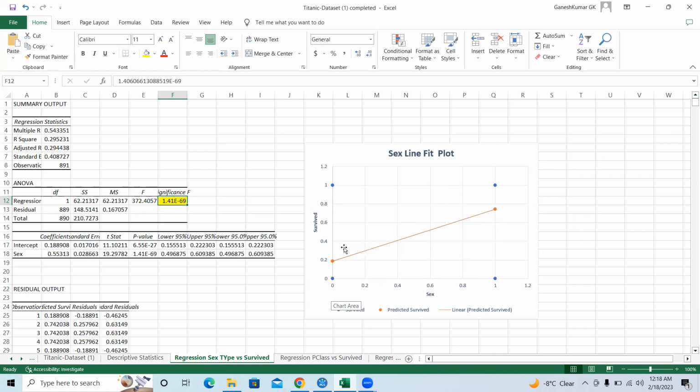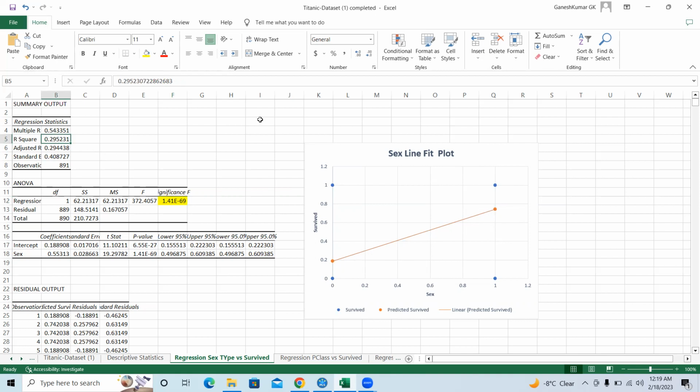So there is evidence, and you can see the significance at 95% is very much lower than 0.05. So we can say that there is statistical significance in this analysis, which may provide sufficient evidence to prove that females had a higher survival rate than males.